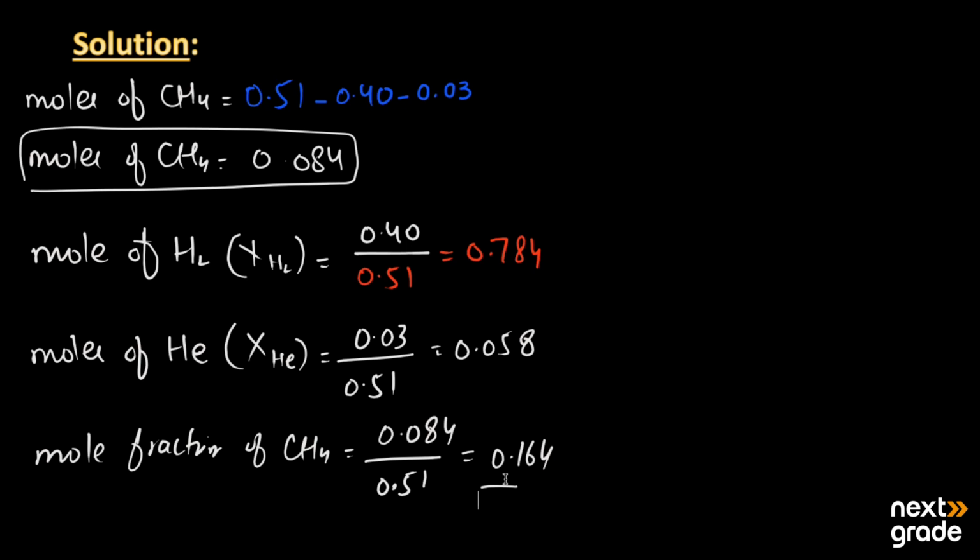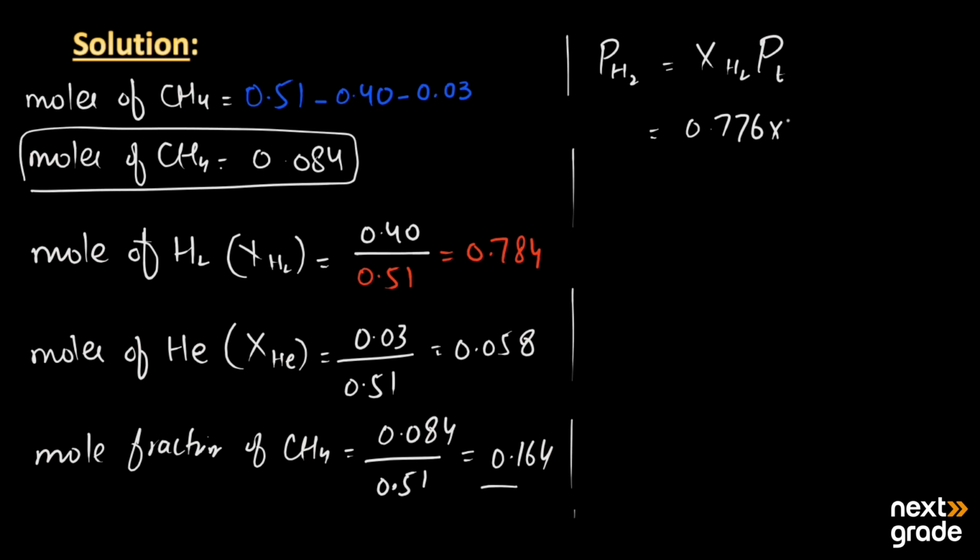Now we have to calculate their partial pressures. The partial pressure of hydrogen is equal to the mole fraction of hydrogen times the total pressure, which is 0.776 multiplied by 1, so we have 0.776 atm.